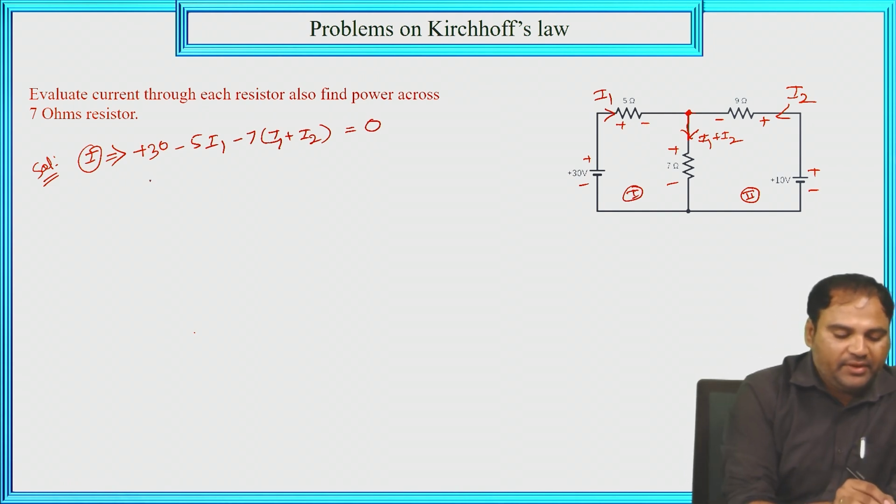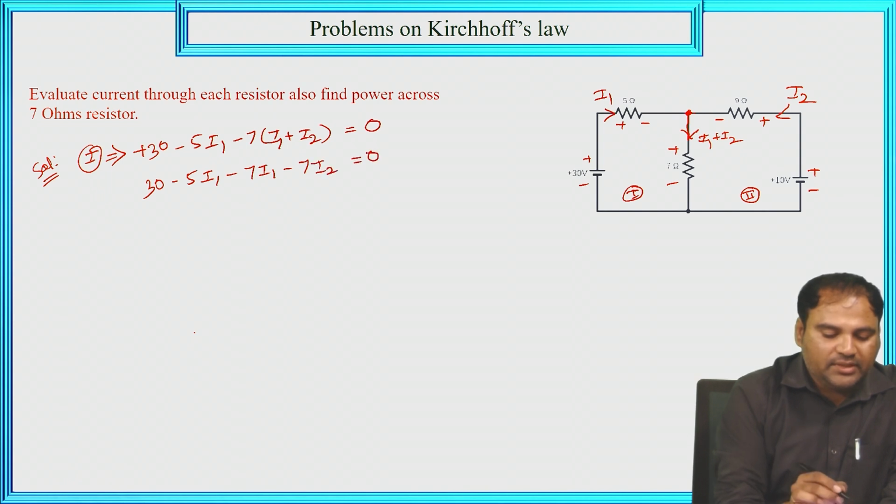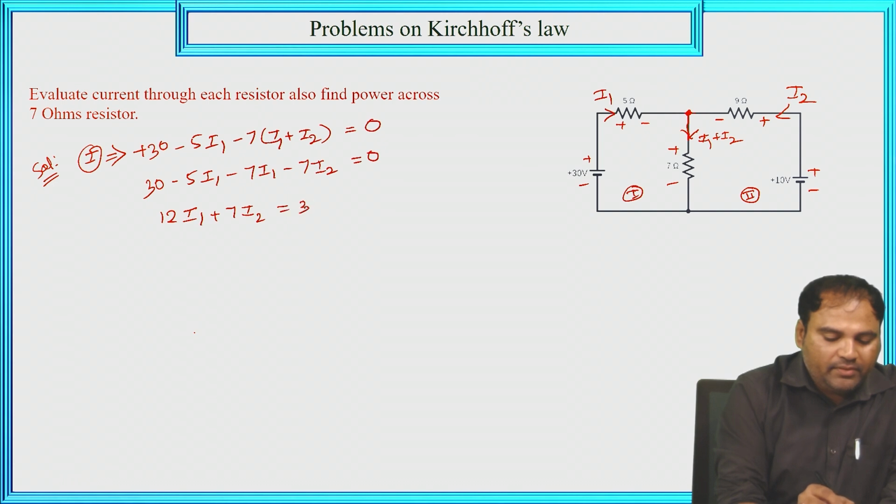Now simplify the equation: 30 minus 5I1 minus 7I1 minus 7I2 equal to 0. Now here 12I1 plus 7I2 equal to 30. Let us take this as equation number 1.